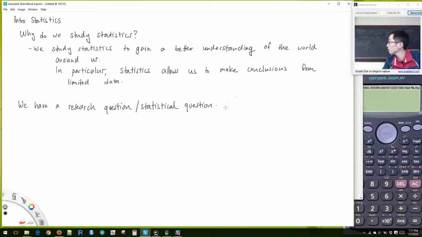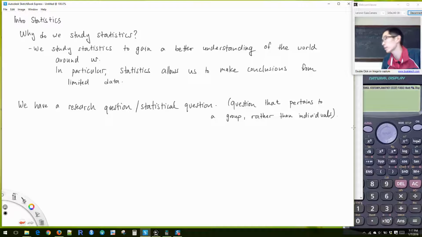These are questions that pertain to a group rather than individuals. Whenever you have a group, you're going to have variation within the group. So variation exists within groups.